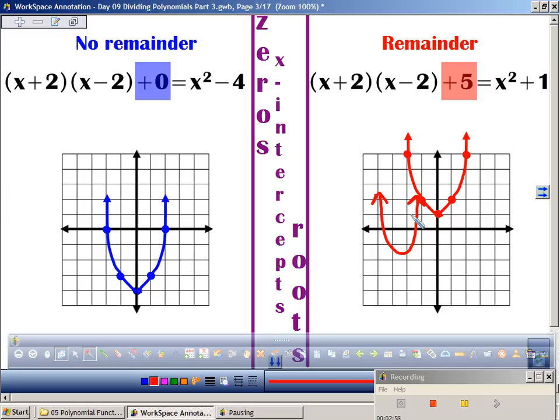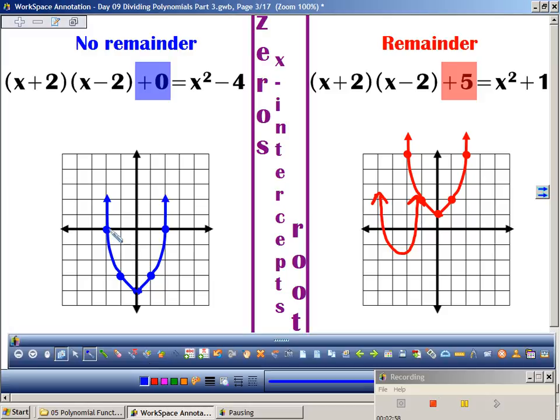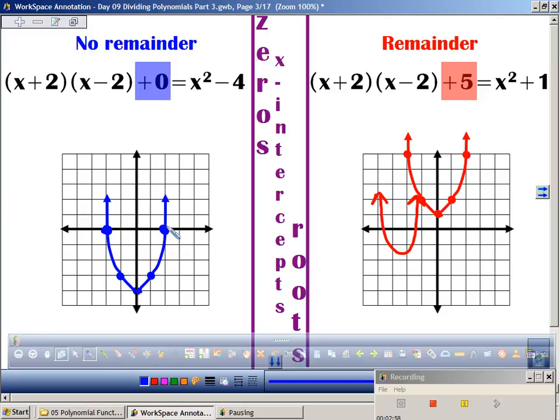All right, so this one, it actually is crossing the x-axis, right? But this one is crossing the x-axis. Okay, so, all right, so this one we actually have zeros that are integers. We can actually plot them. These are estimated.